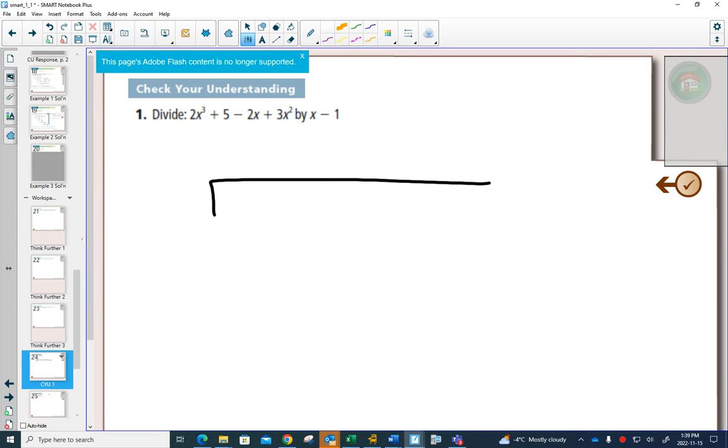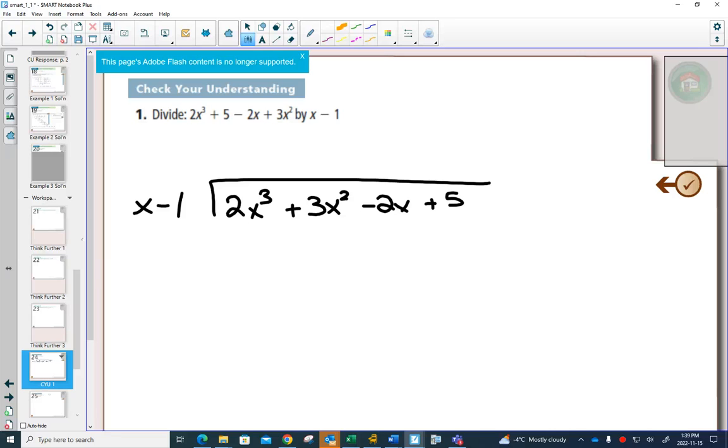It is not in the right order. The biggest degree is 2x cubed. Do we have any x squared? Yes, 3x squared. Do we have any x's? Minus 2x, and then plus 5. And we're dividing by x minus 1. We didn't have to add any zeros because every degree was included.